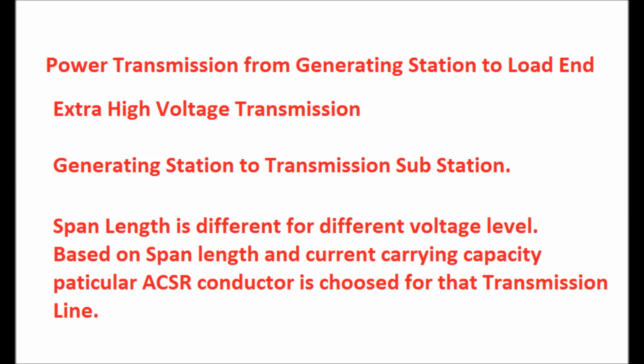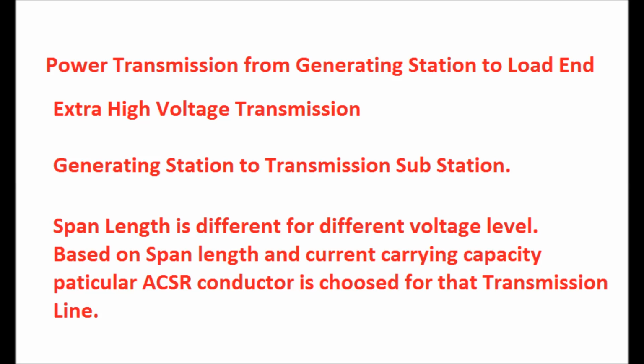Span is also an important parameter based on which the ACSR conductor is chosen. If the overall diameter of the ACSR conductor increases, then the resistance of the conductor will decrease, and the current carrying capacity will increase. But since the overall diameter is increased, the weight of the conductor increases.